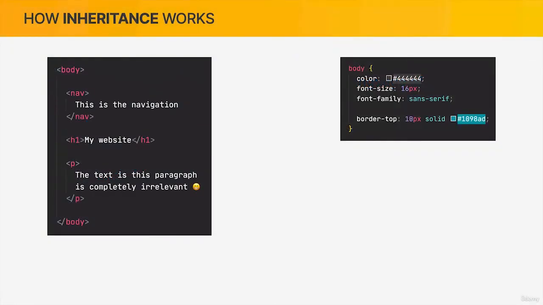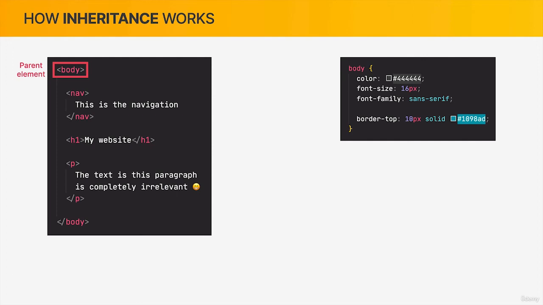And now let's take a quick look at a graphical representation of inheritance to really make it crystal clear. So here we have a very simple example of a web page which simply contains a navigation, an H1, and a P element. And on the right side, we also have some styles for the body element, and in particular, the color, font size, font family, and border top. Now, of course, the body element here is the parent element of all these other three elements.